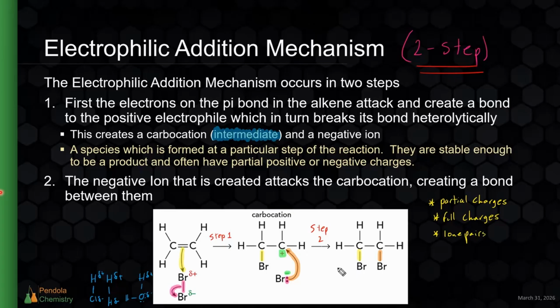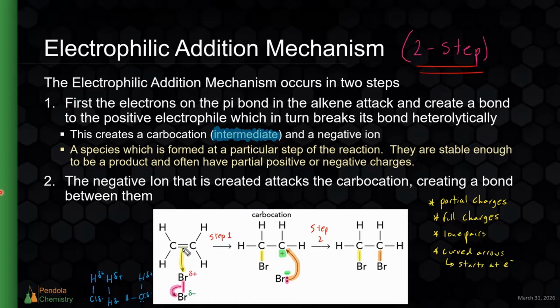Now, you don't have to show every lone pair. Notice how I didn't show the lone pairs on the bromines here. But that lone pair that gets created when that bond breaks heterolytically, we need to show that, because that lone pair is then used in the second step. So those lone pairs that are important need to be shown. And then also make sure that you have your curved arrows, and that those curved arrows start at electrons.